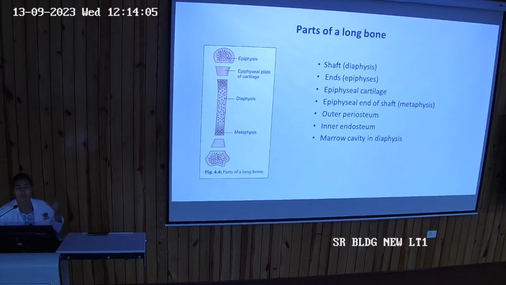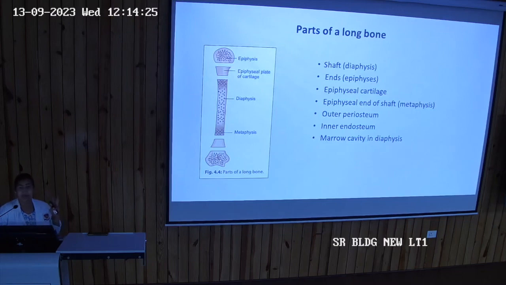We will be discussing the different zones of this epiphyseal cartilage plate here. The next term is metaphysis. The epiphyseal end of the diaphysis is called metaphysis. One term is diaphysis, the other is the epiphyseal end of the diaphysis.